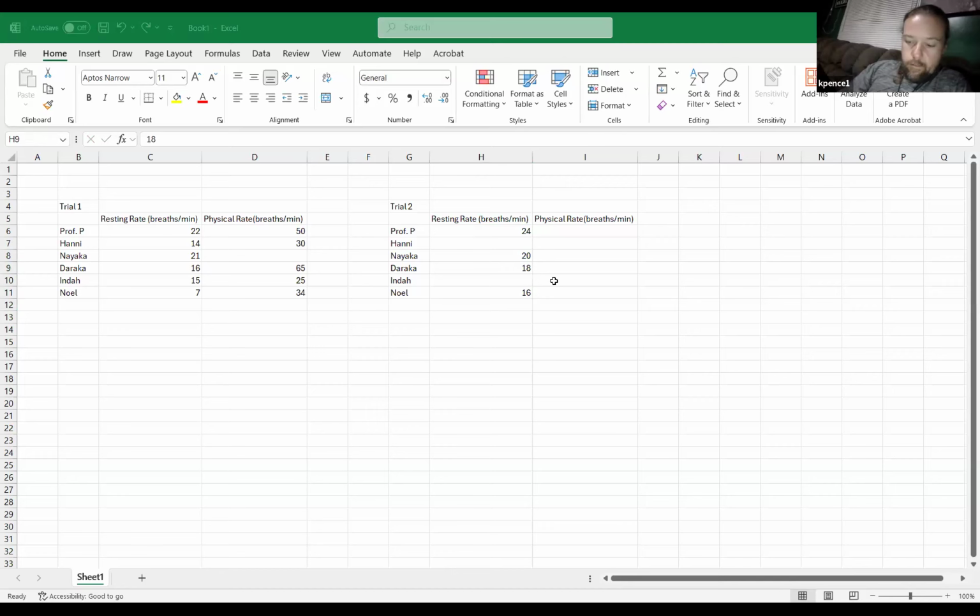And 16. And just remember, I'm doubling this because we want per minute, not for that we measure for 30 seconds.